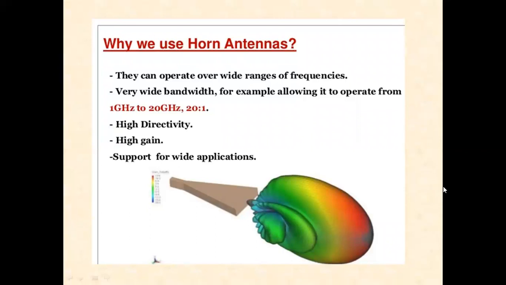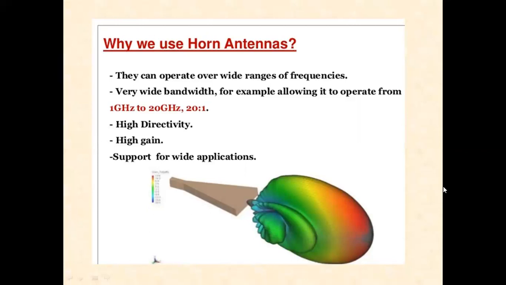It also provides high directivity and high gain. It supports a wide variety of applications. The main application is that it can be used as a primary radiator or primary feed antenna for a parabolic dish antenna. It can be used for satellite tracking antennas.